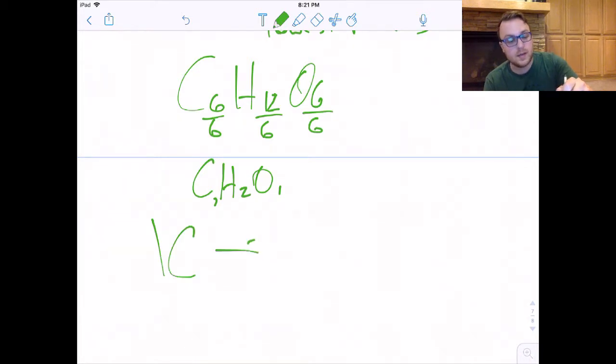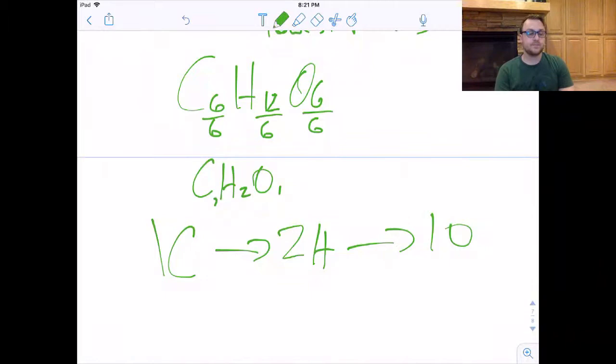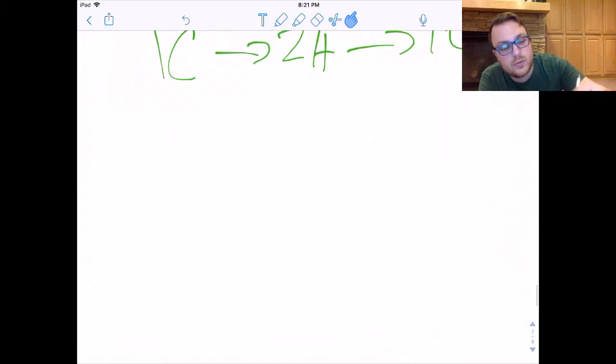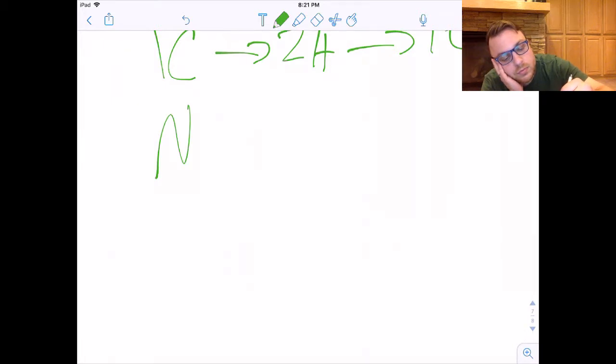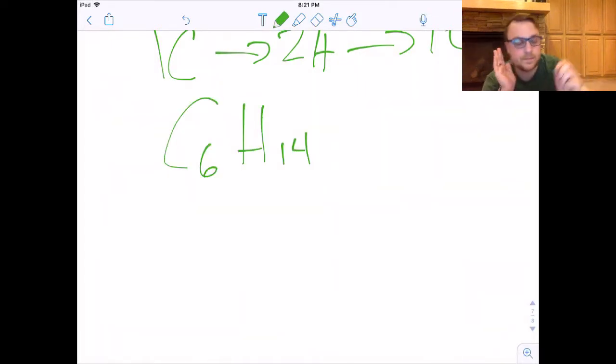Let's do another one. Let's do C6H14. Usually what I would say is if what you need to divide by isn't immediately obvious, like if you didn't pick the biggest number you could right away, if they're both even, just start with 2.